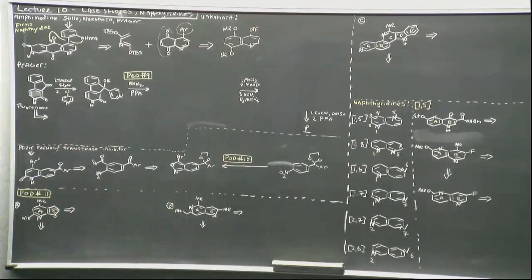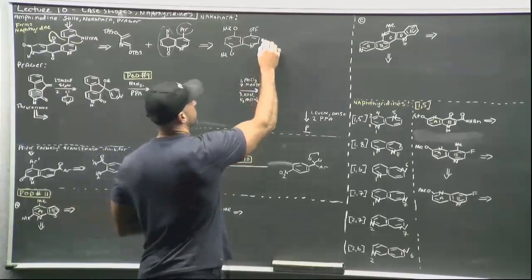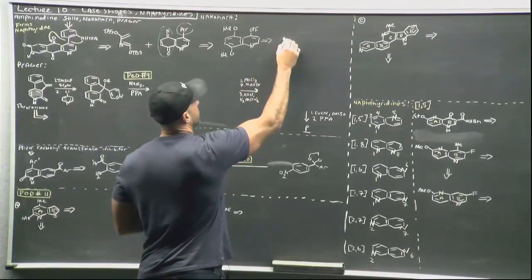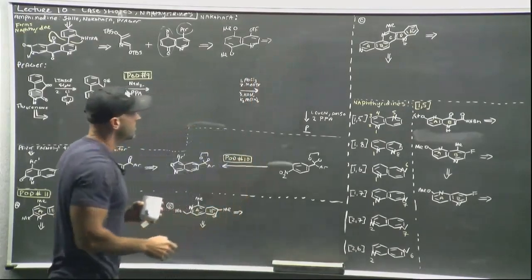And we know how to make that, don't we? I mean, we just learned it yesterday. So, Cheng, why don't you give us the route to make that compound? Friedlander where?